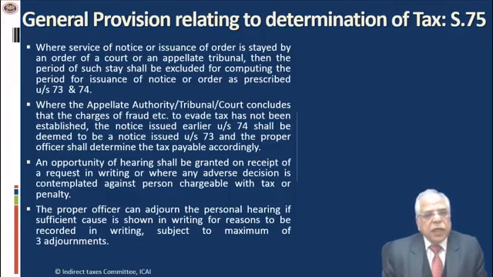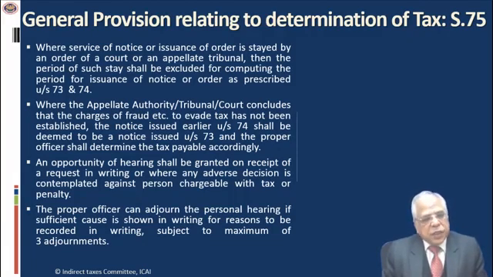And the first thing I want to tell you is that this time limit of 3 years or 5 years will get extended if by order of a court or an appellate tribunal some stay has been granted to that proceeding. So the period of stay will be added in the period when the show cause notice can be issued by the department.